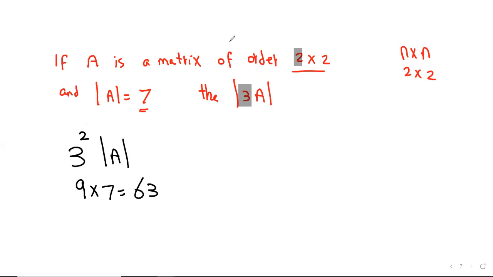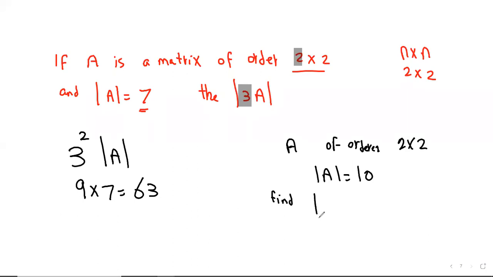And if A is a matrix of order 2 by 2, and the determinant of A is 10, find the determinant of 4A.